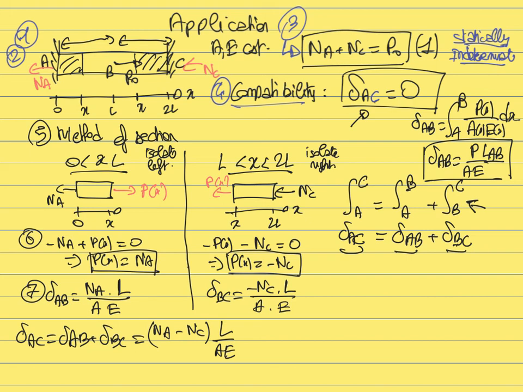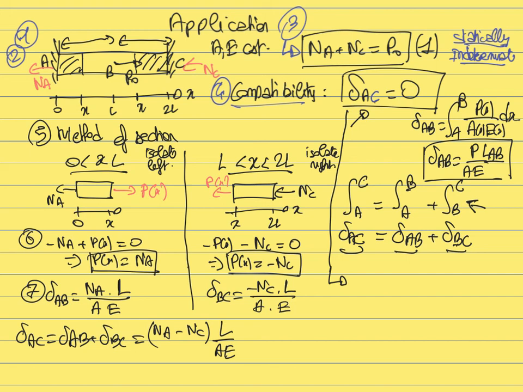Okay, so now that gives us a new equation, right? Because if we use the condition of compatibility, we can replace delta AC by the value that we just found.